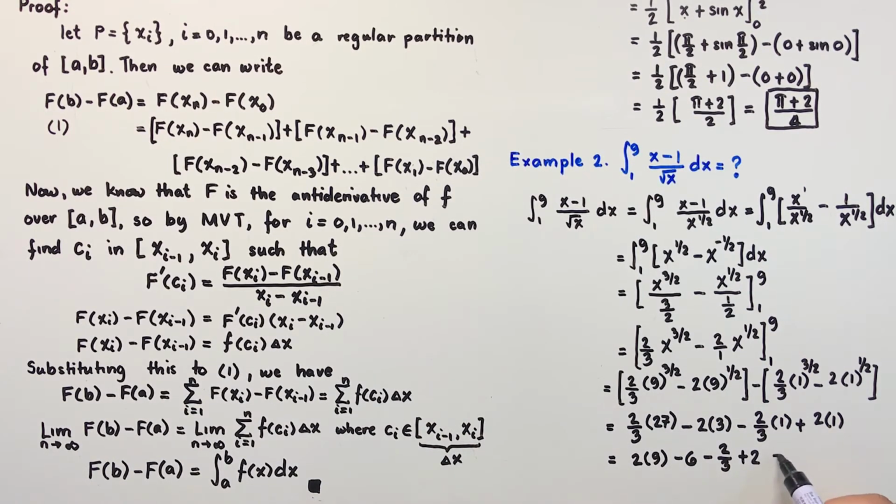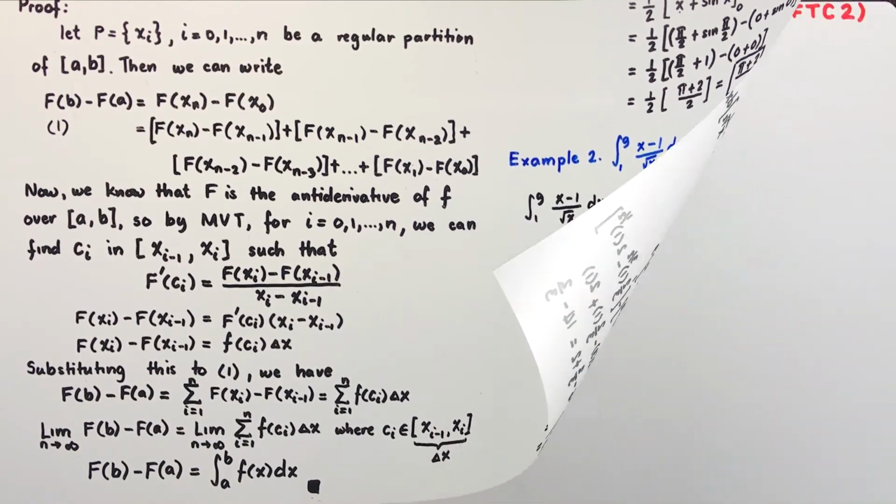And this is equal to 18 plus 2. And 18 plus 2 is 20, minus 6 is 14. And 14 minus 2/3 is 40 over 3. So this is the value of our definite integral.